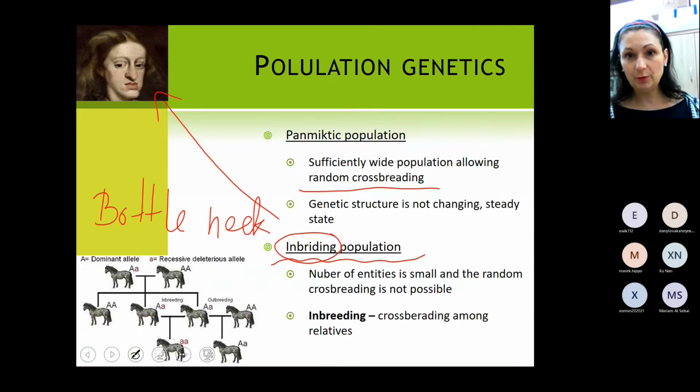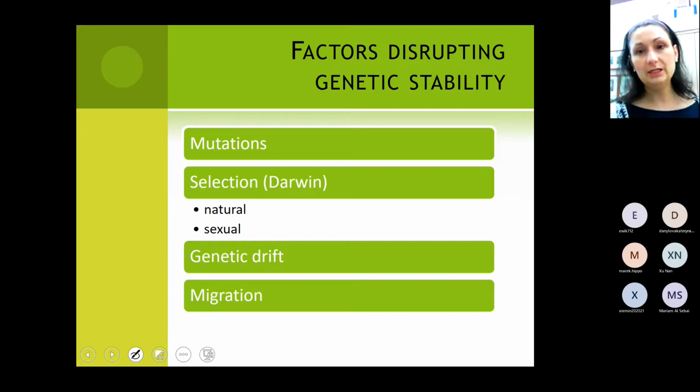So the panmictic population is quite stable over time. There is some steady state reached. However, the steady state of the panmictic population can also be disrupted by effects like mutations, but also selection.